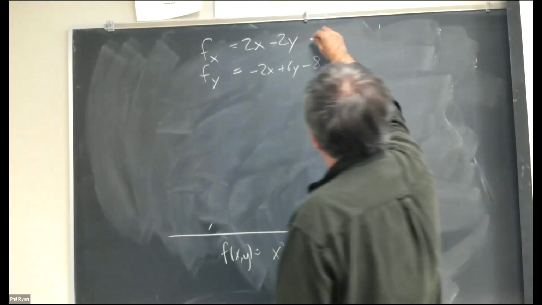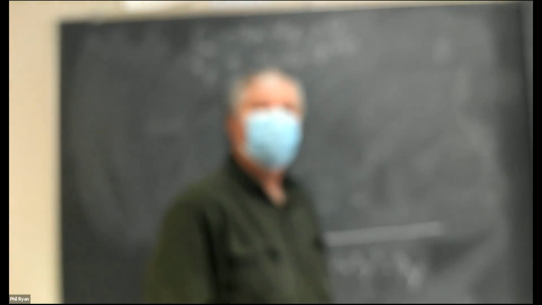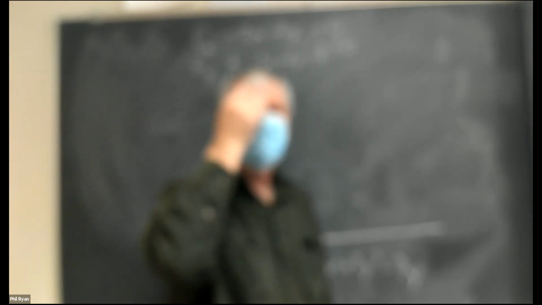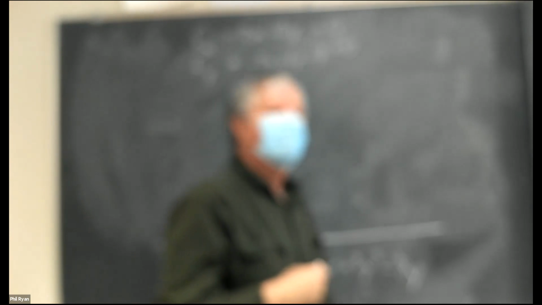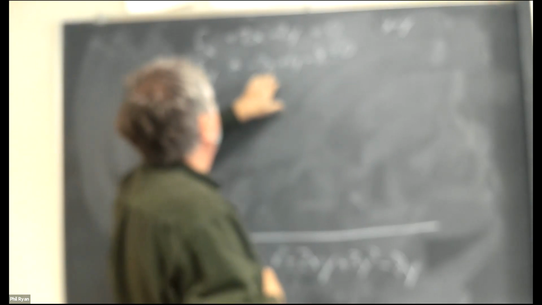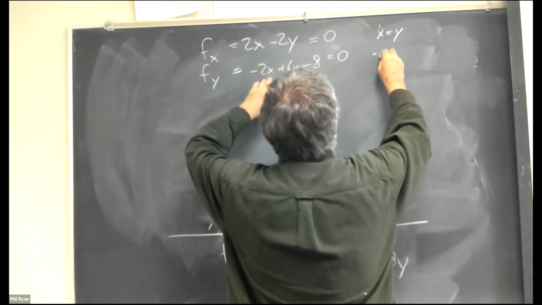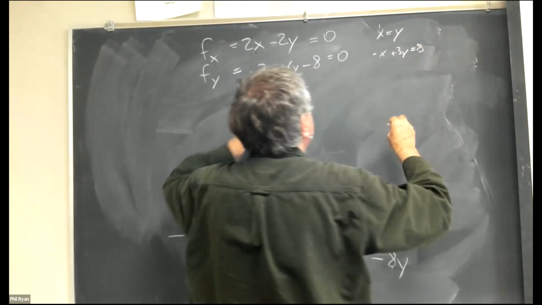Okay, we set it equal to 0. Oh, this is a whole lot more complicated, right? Do people remember doing simultaneous equations? Okay, so this tells us that x equals y, for this to be 0. And this tells us that minus x plus 3y equals 8.